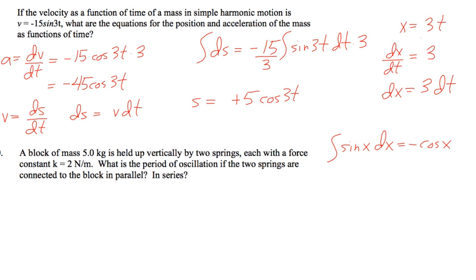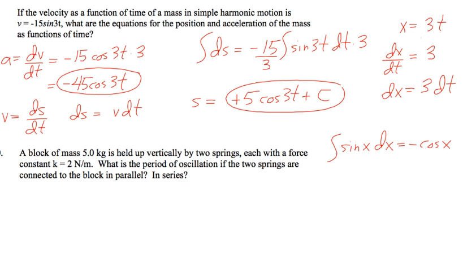And whenever you take an indefinite integral, where we don't have a start or an end, the answer is always plus a constant. So this was our answer for the position.